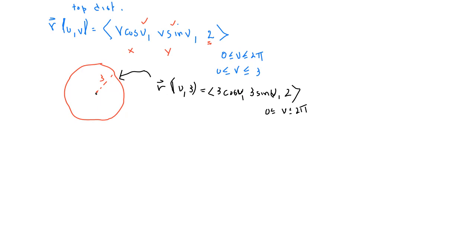Does this space curve make sense? Well, this space curve drew me a circle of radius 3, and it's at a height of 2. The circle's at a height of 2 above the origin. Please give me a thumbs up if it makes sense.